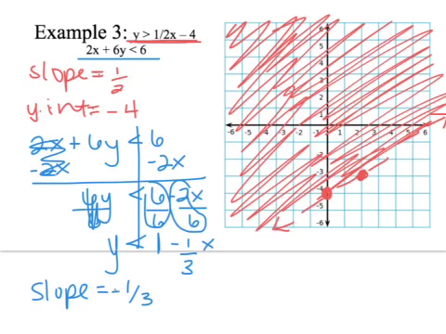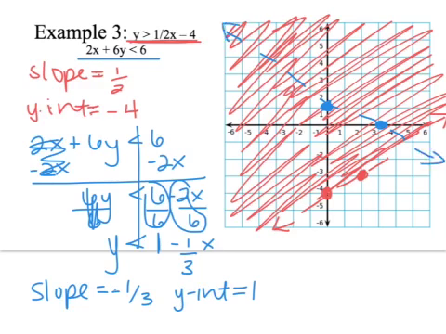That'll be down 1, to the right 3, and the y-intercept is positive 1. So I'm going to go to the y-axis to positive 1 and plot a point, and then count down 1 to the right 3. This will also have a dotted or dashed line.